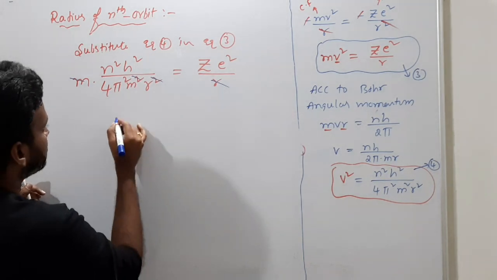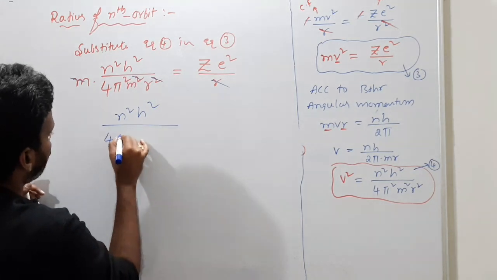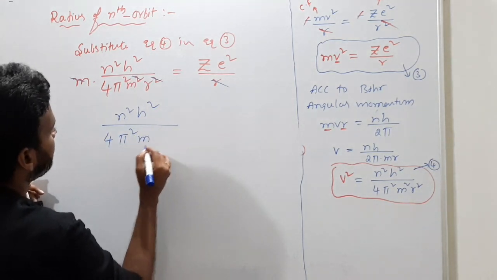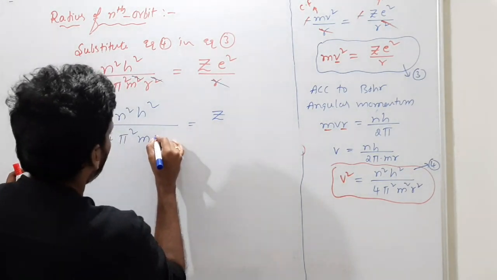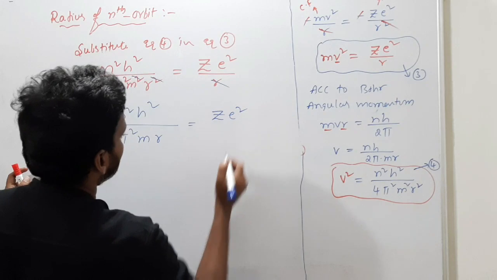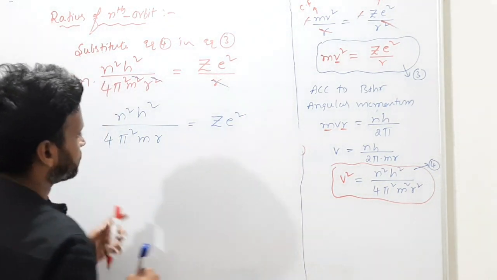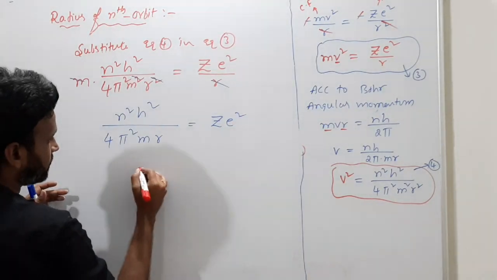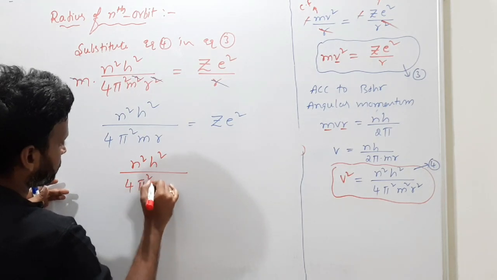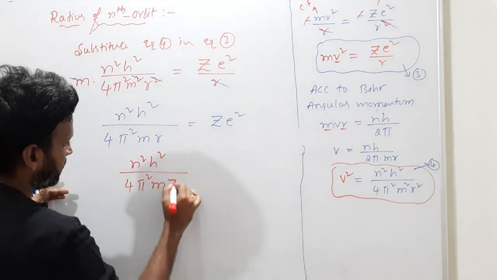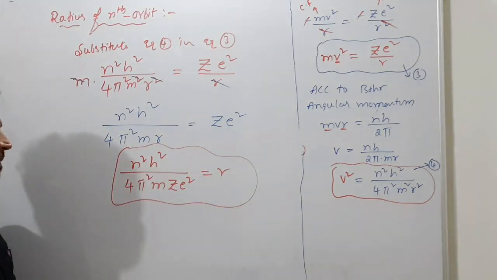So simply n square h square by 4 pi square m is equal to r times ze square. Now the radius comes to that side: n square h square by 4 pi square m ze square is equal to radius. This is the radius formula.